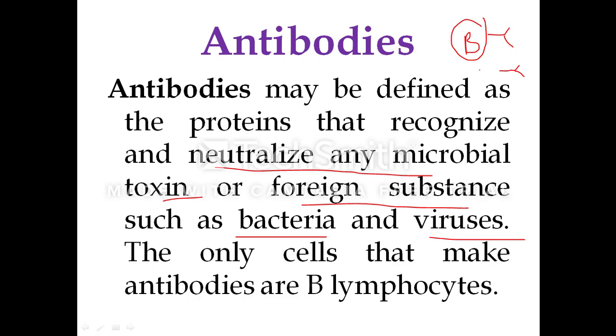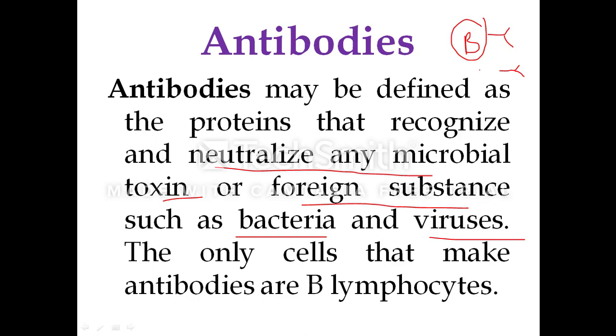Next we use the term antiserum. Serum contains a bunch of antibodies. When these antibodies show specificity to a particular antigen by binding to it, they are known as antiserum. So in the pool of antibodies, the specific antibody binds to the specific antigen.